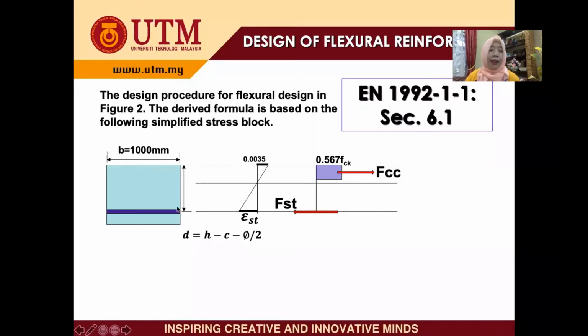You can see here the strain and also the block. The stress block inside the slab is similar to the beam, except the B is 1000. So the D is equal to H minus C minus diameter over 2. This can be obtained in Eurocode 1992 section 6.1.